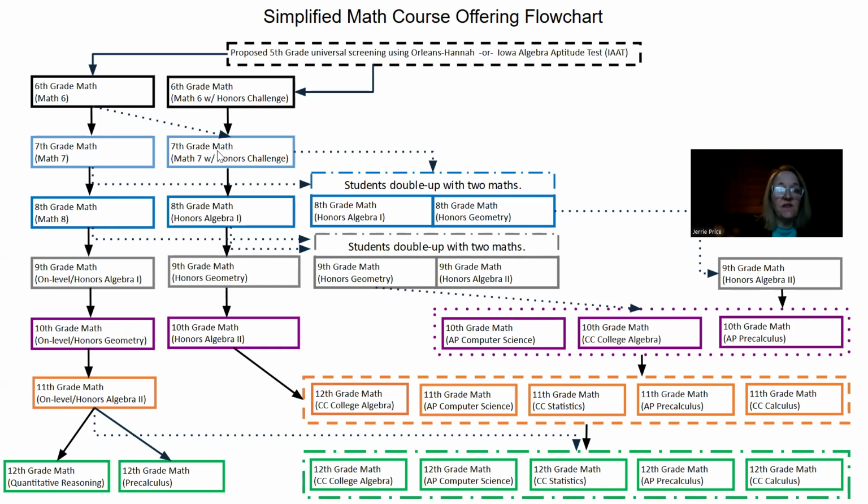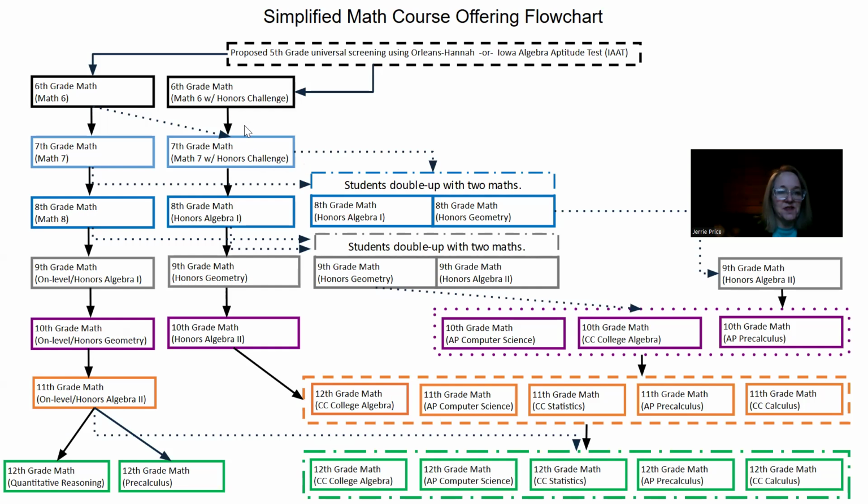Then in the 7th grade, you will have an opportunity to take 7th grade math with an honors challenge, or a student could skip over, and a very advanced student, by the way, not just any student, but a very advanced student could take 8th grade honors Algebra 1.